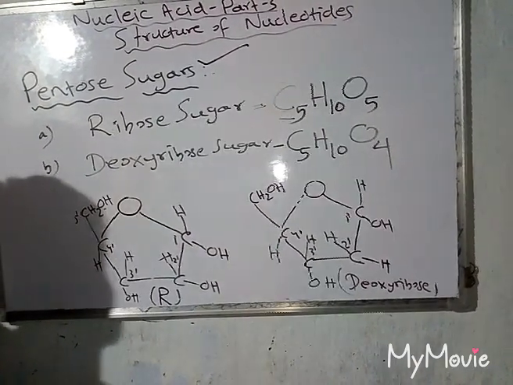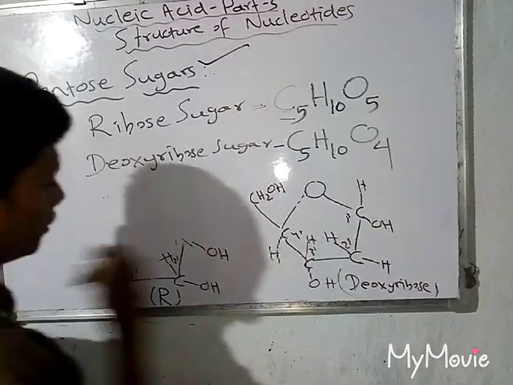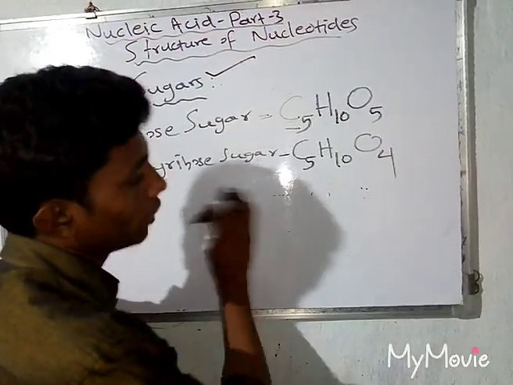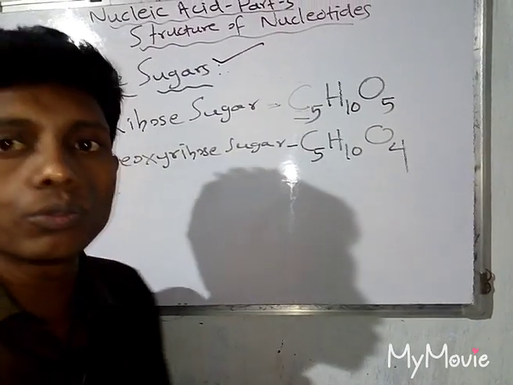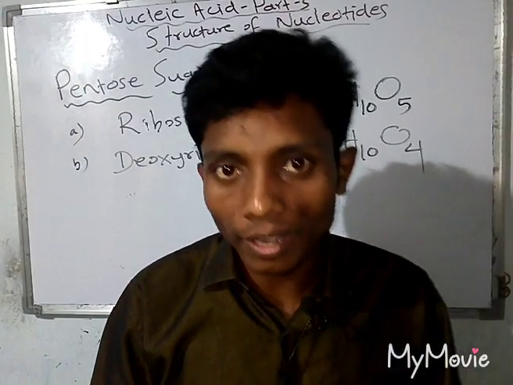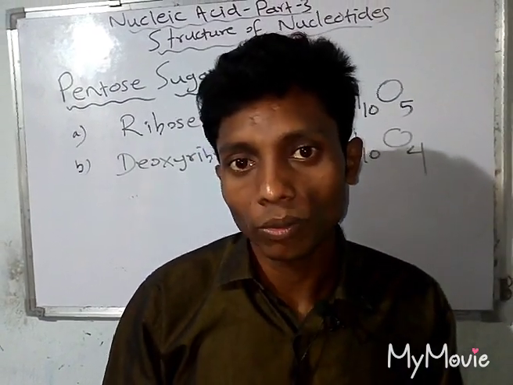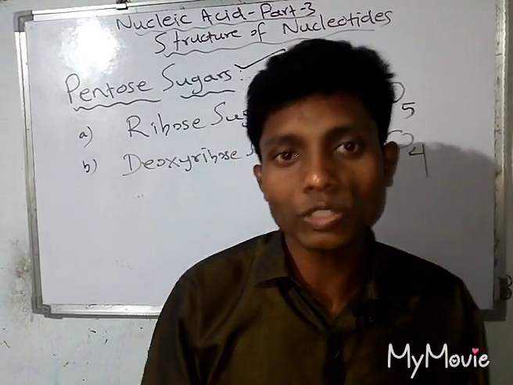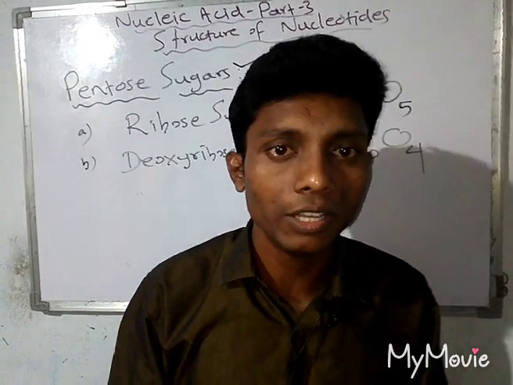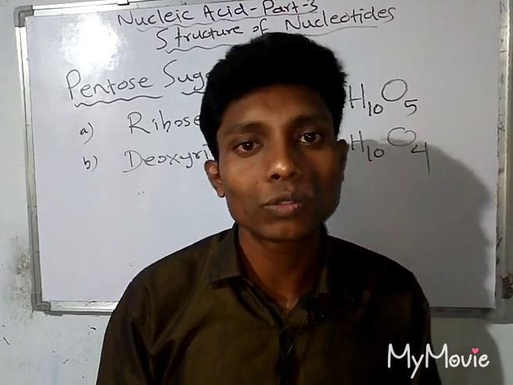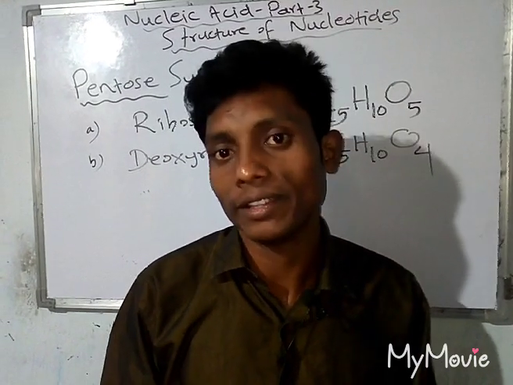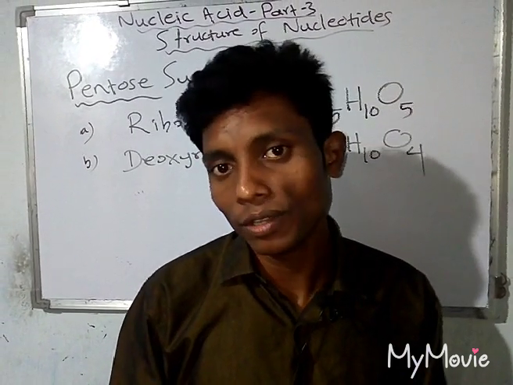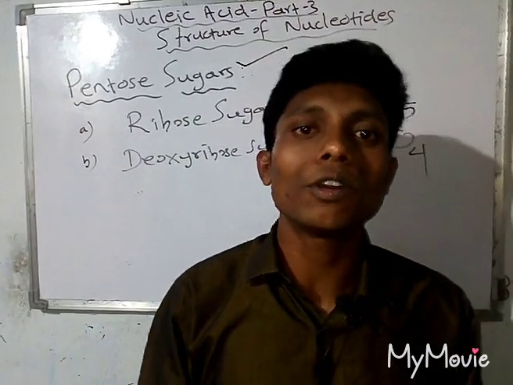One thing you should know, from these two types of sugar molecules: in the formation of nucleotides in DNA, only deoxyribose sugars are involved, whereas in case of RNA, only ribose sugars are involved. Now let's move on to phosphate groups.